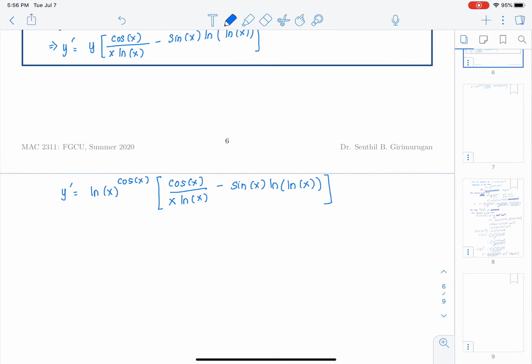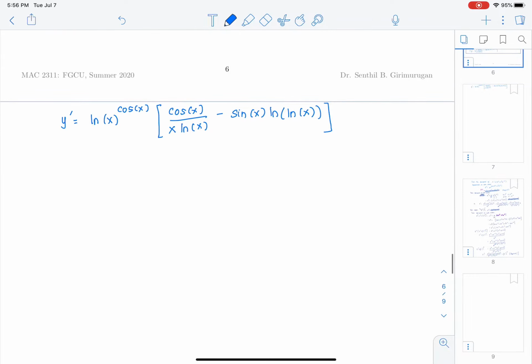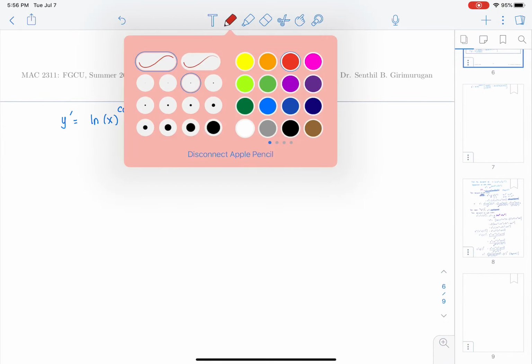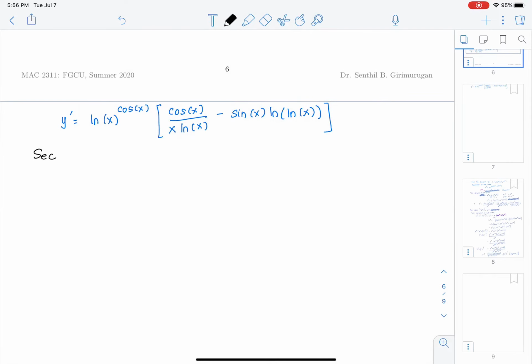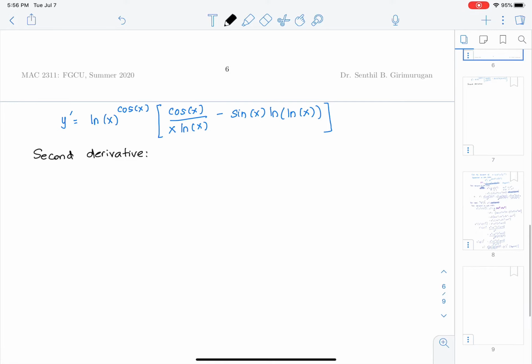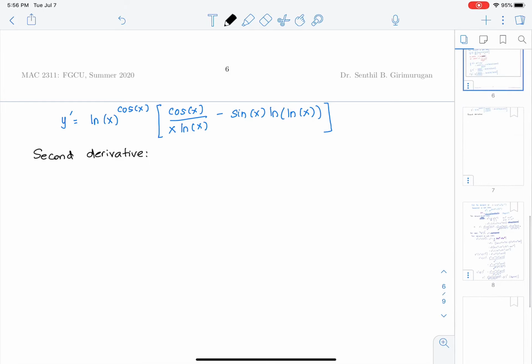Great. Now we want to find the second derivative. Now this is a great problem for practice. So naturally you may say, well, I am going to go ahead and start at this step to find the second derivative.